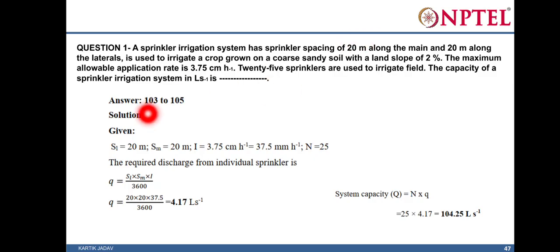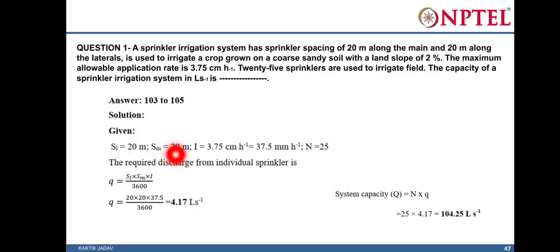So we know that SL, the spacing between laterals, and SM, the spacing between mains, are given as 20 meter. Irrigation application rate is 3.75 centimeter per hour and it's equivalent to 37.5 mm per hour, and the number of sprinklers used for irrigation is 25.